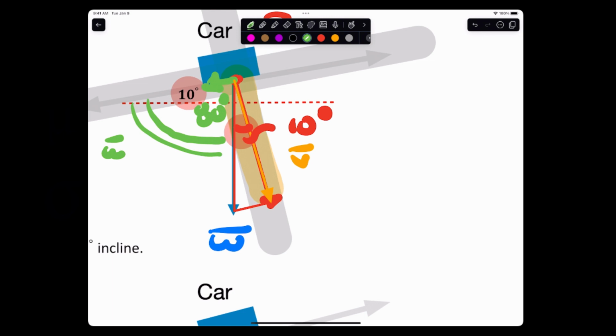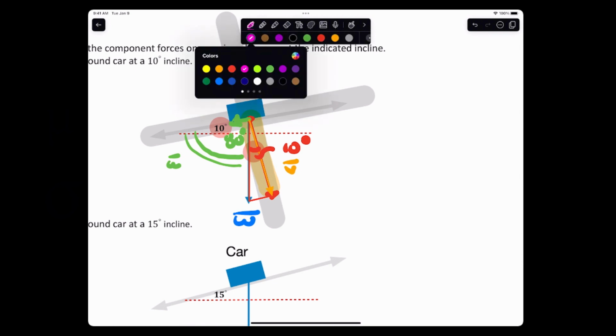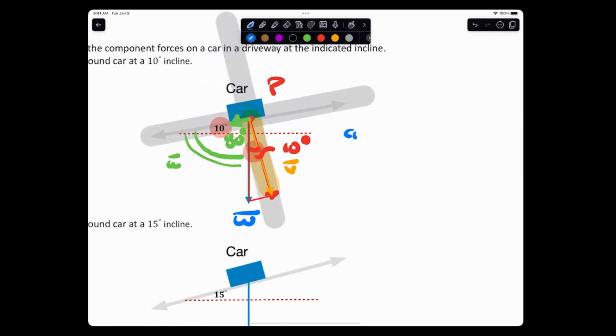Well, that's called, we should say, the component of what? Of W onto V.